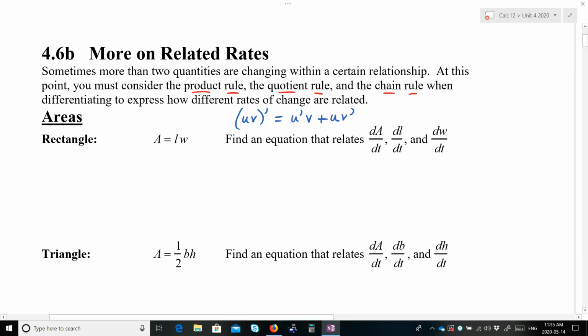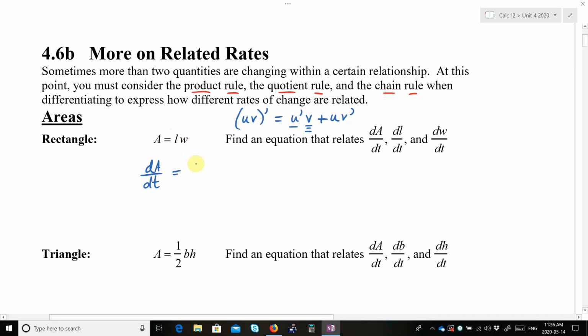So if I differentiate both sides with respect to time, when the exponent on each of the letters is just 1, then the derivative of that will be 1, but then we have to go dA/dt. Then I would take the derivative of L, so the u prime, and then we're multiplying by regular v.